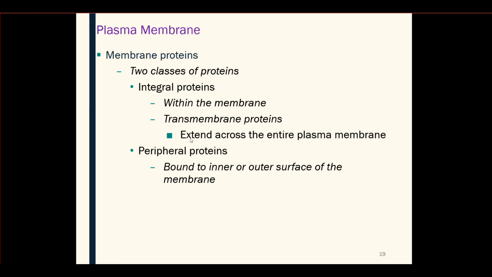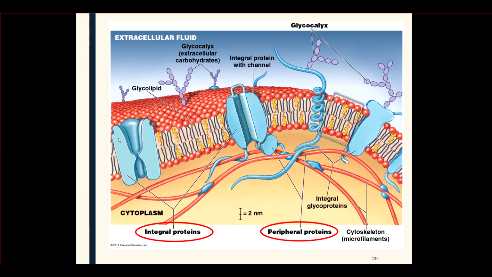These are integral proteins that extend across the entire plasma membrane. So integral proteins are within the plasma membrane. If the integral protein goes across the entire cell membrane, we call it transmembranous. There are ones that do not go across; they only go partially. This picture is not showing it, but that type exists also. It would be within, but not across the whole thing.